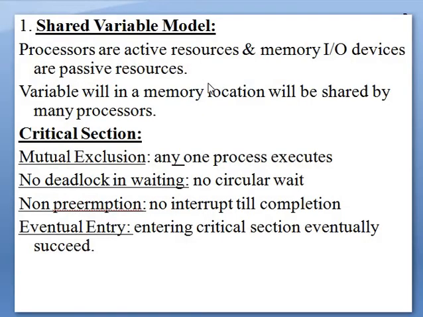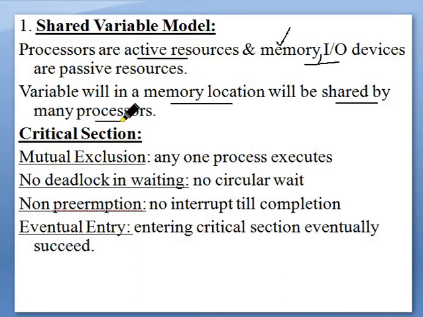Next, what are some salient features of this shared variable model? Processes we consider as active resources, and memory as well as input output devices we consider as passive resources. Since this variable is stored in memory, we are now discussing passive resources. Whichever variable we store in memory has a particular location or address, and that will be shared by many processors.